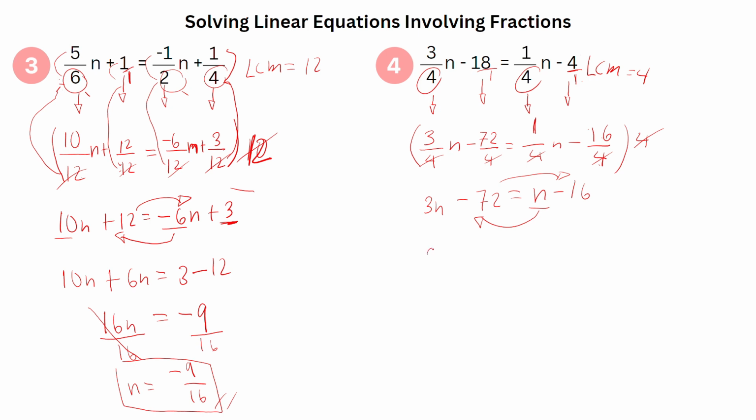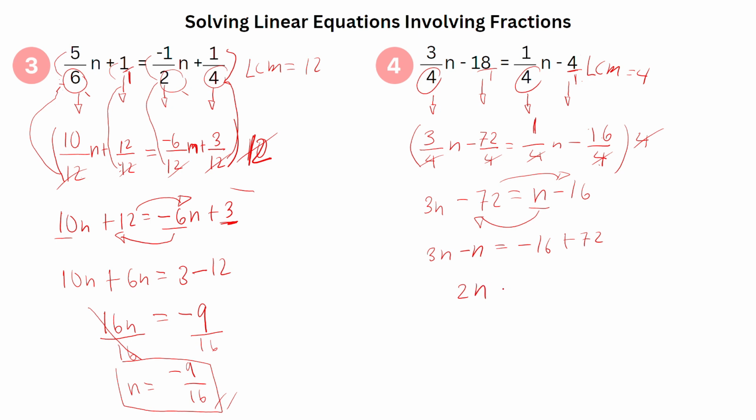So this one will become 3n minus n equals negative 16 didn't move, right? What will happen now to negative 72? It will become positive 72. What's next? What's 3n minus n? That is actually 2n.